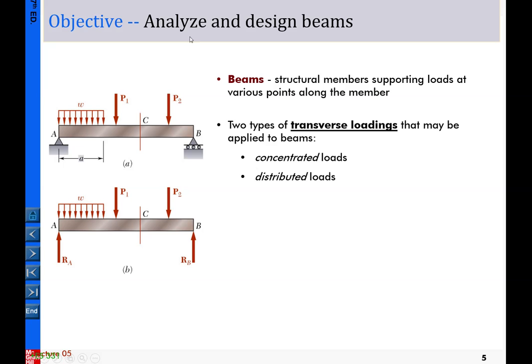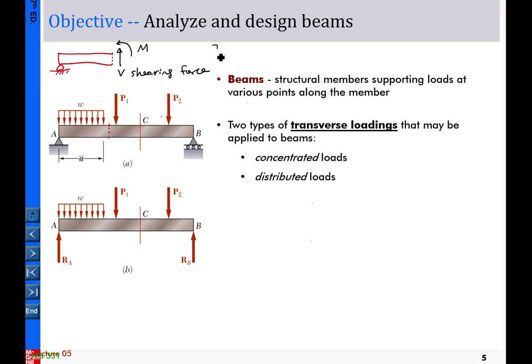The purpose is that we want to know, at any cross section, for example this cross section, and let me expose the free body diagram. This is the section I pick, and this is the support A here. I simply want to know the shear force and the bending moment.